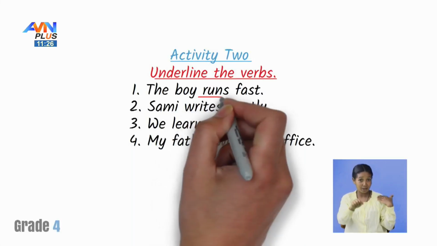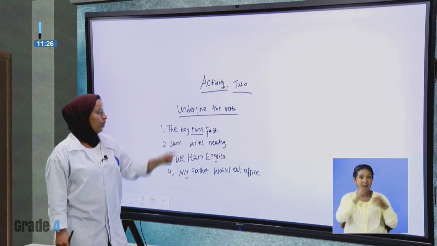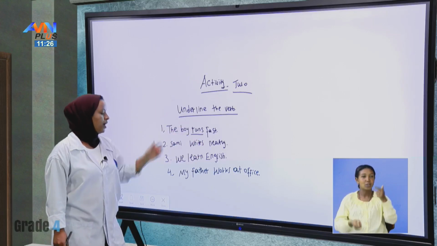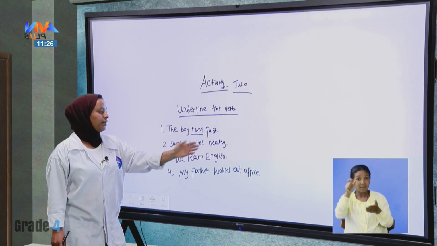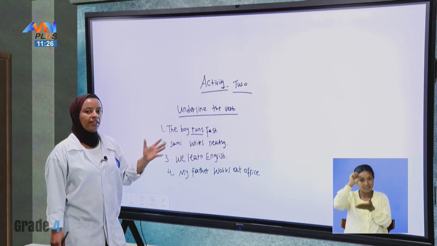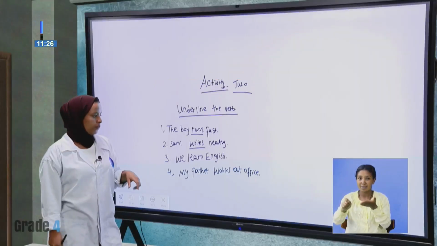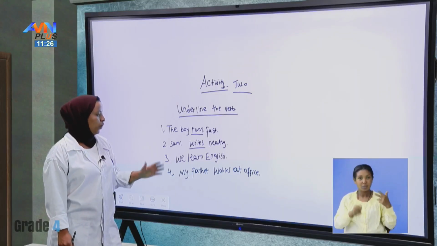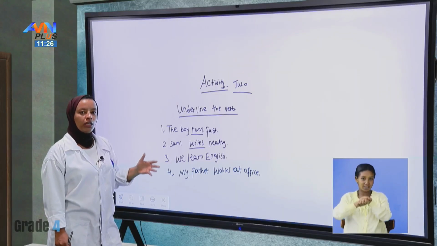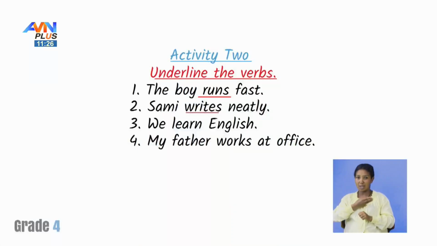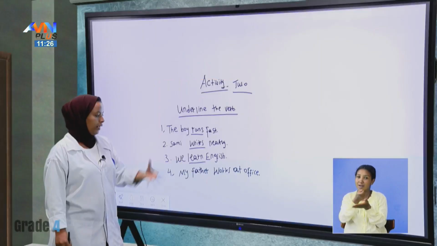Here is our verb, runs. Two, Sami writes neatly. Here is write; Sami is a subject. And three, we learn English. Here is a pronoun, we, and here is a verb, learn.